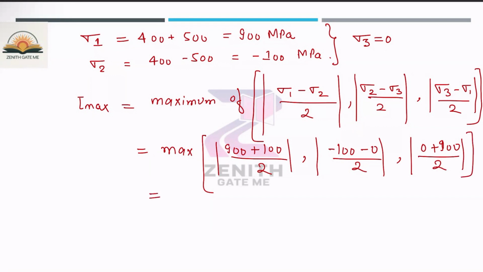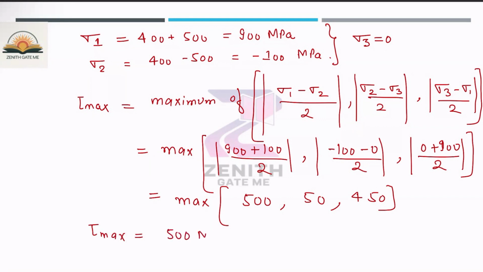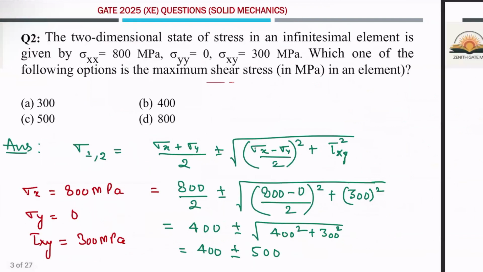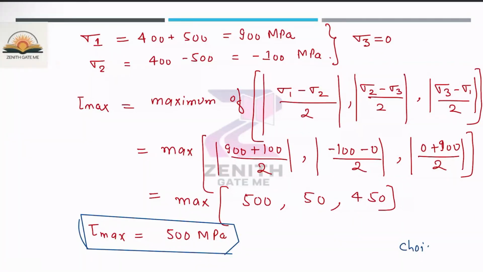So now this is the maximum of 500, 50, and 450. Now what will be the correct answer? The maximum value of stress out of these three is 500. So the correct answer will be 500 megapascal. That means choice C is the correct answer.